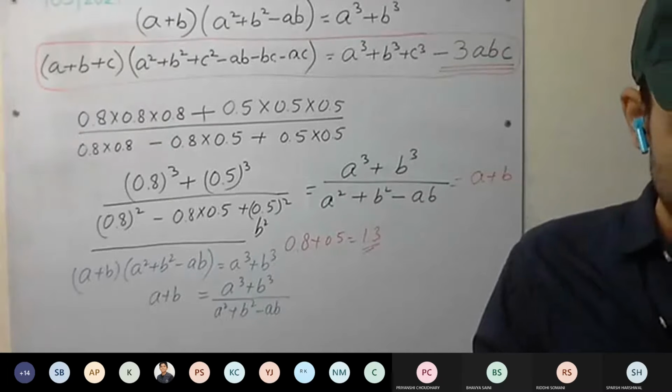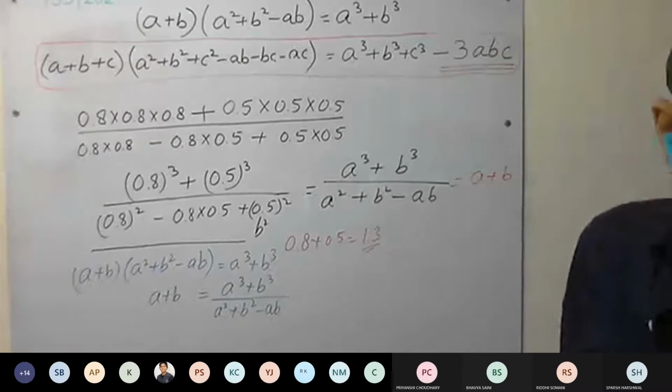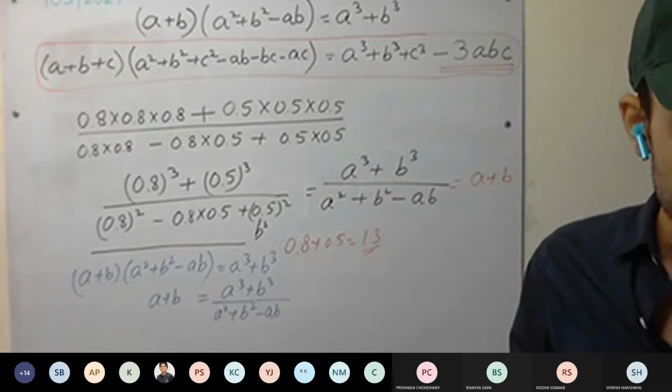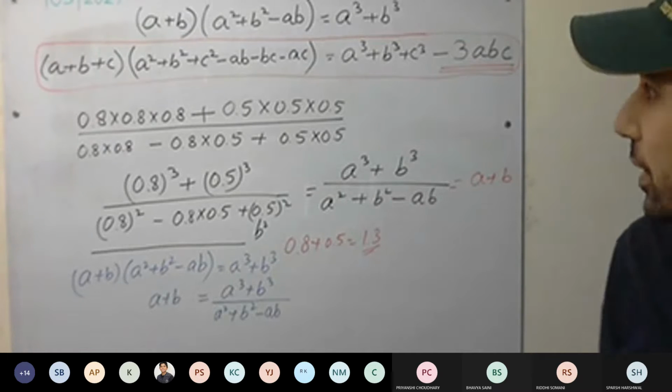How are you going to mold the equation? First try out which kind of form it is.